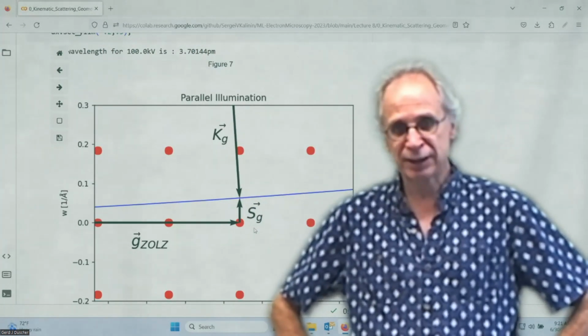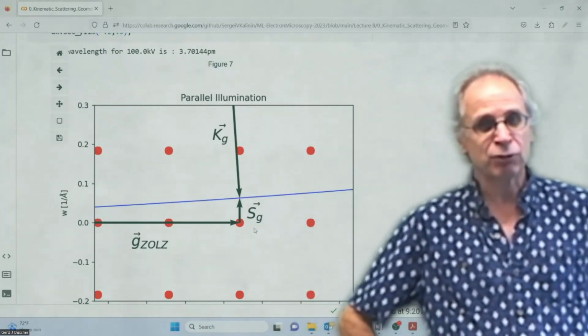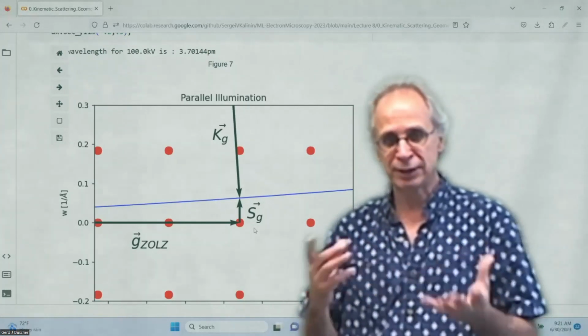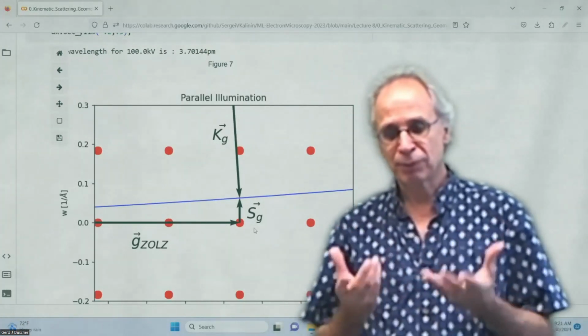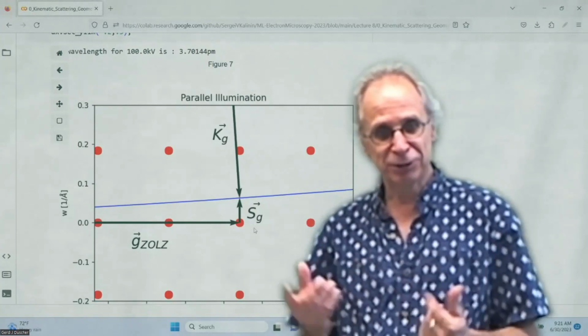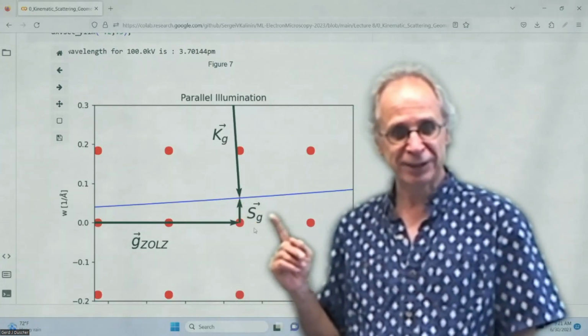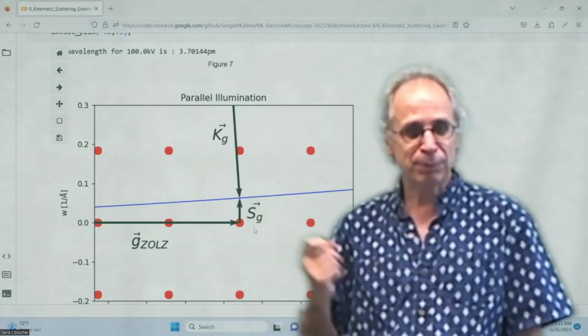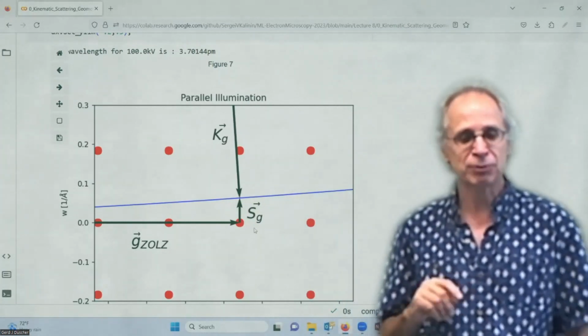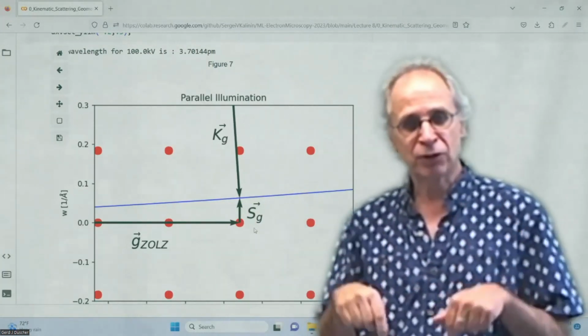and without that, you cannot understand 4D STEM, which means you cannot understand STEM. So part of this lecture is really to get you to understand what this excitation error is. If it points up, the excitation error is negative. That is a convention. If it points down, it's positive.